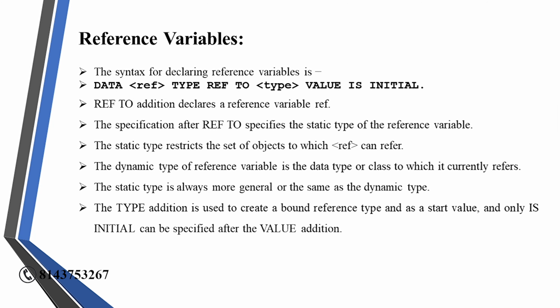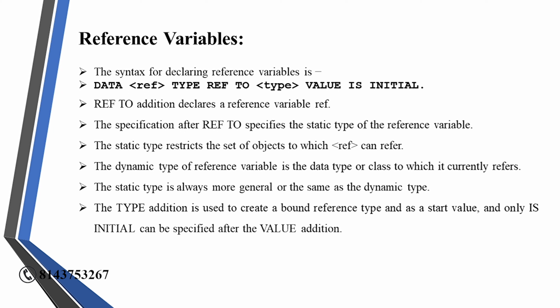Now we have another type called reference type. Here we are saying reference, that means it is going to refer from some object or some variable. So here the syntax is data reference variable type refer to type value is initial.